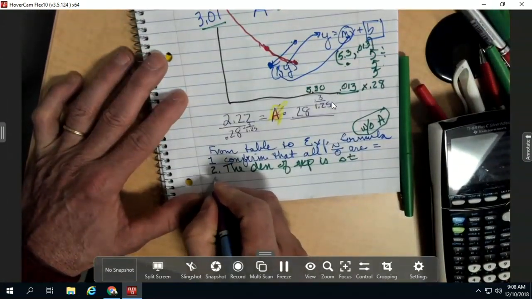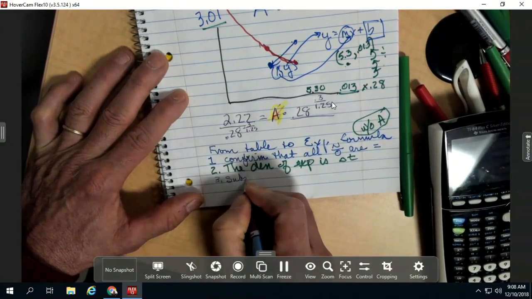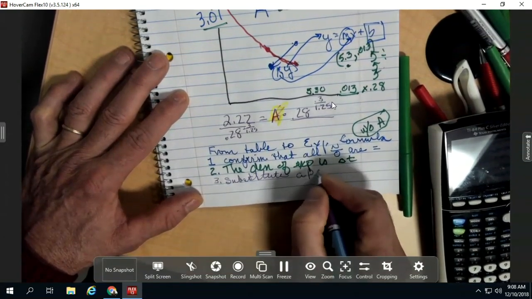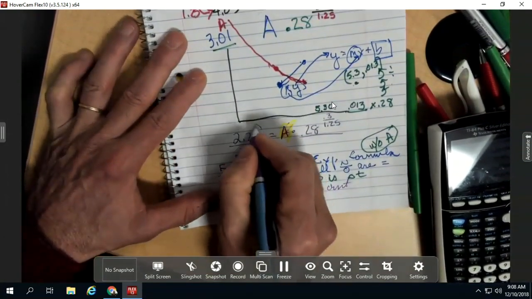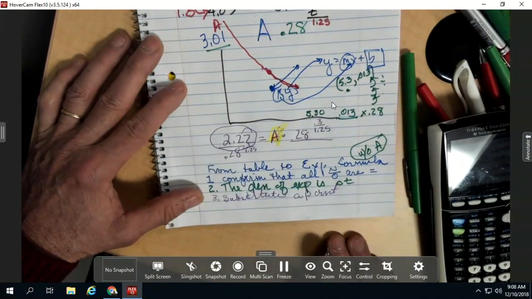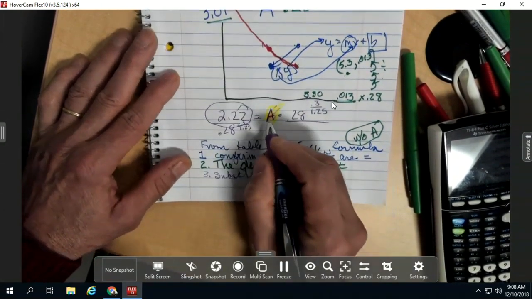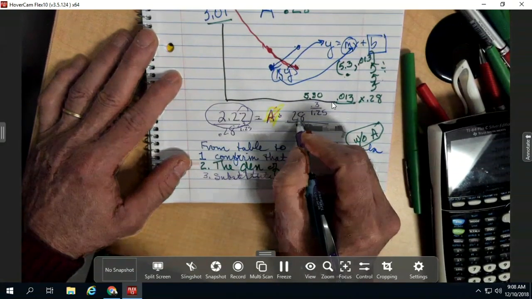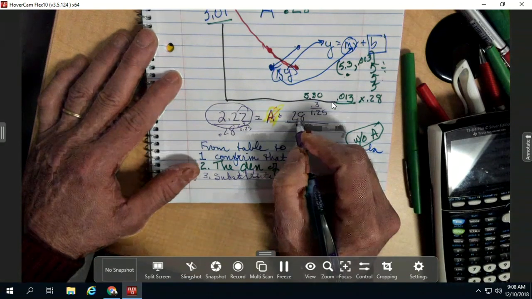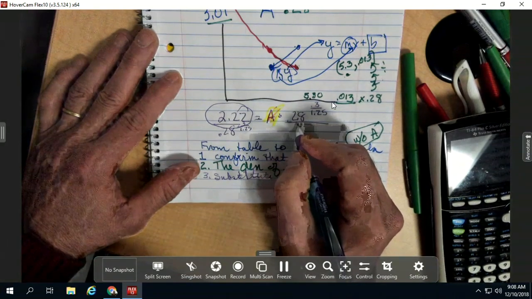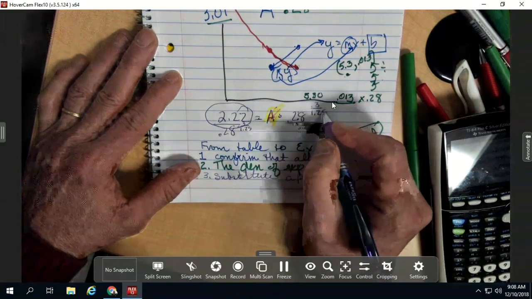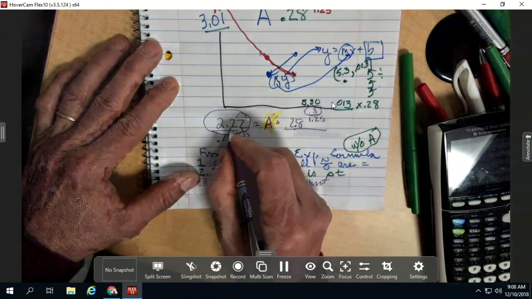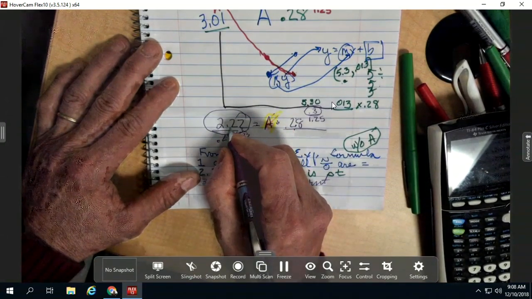Step 3, substitute a point. Well, the point we used was 2.2. And we said 2.2 is a times 0.28. Where did the 0.28 come from? It's the ratio of new divided by old. To the, where did the 0.3 come from? That's our first time. This was our first amount that the spring moved.